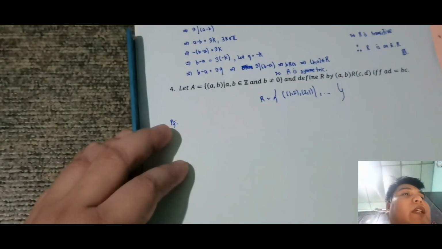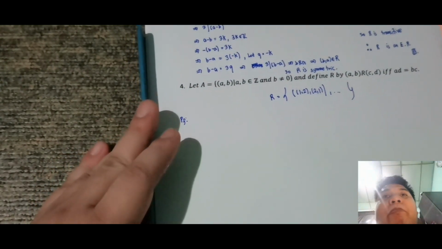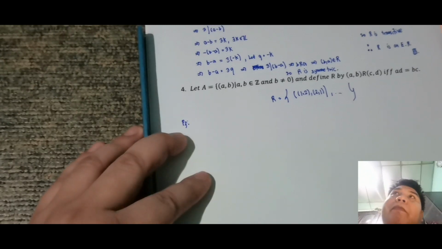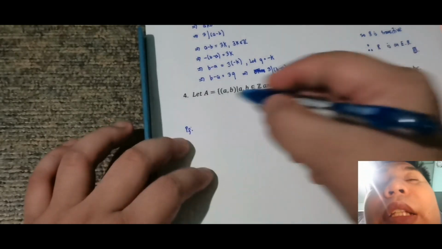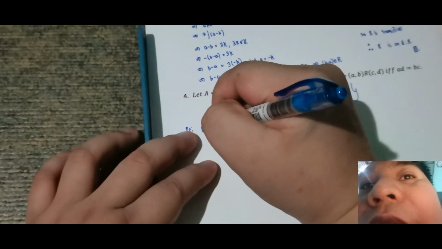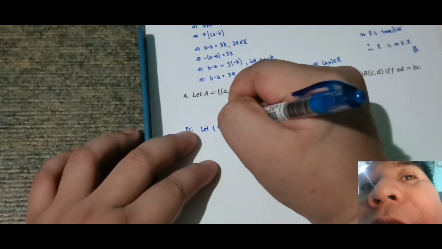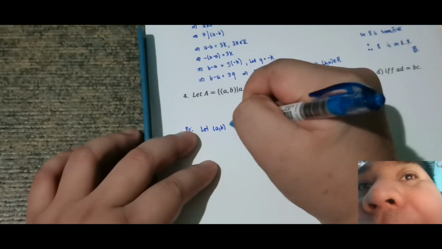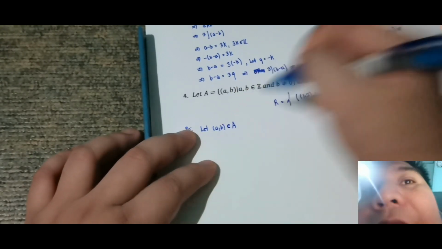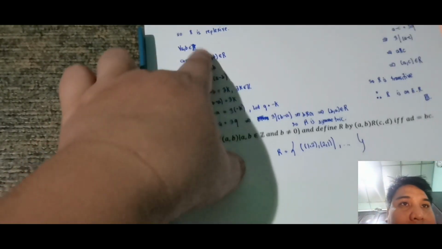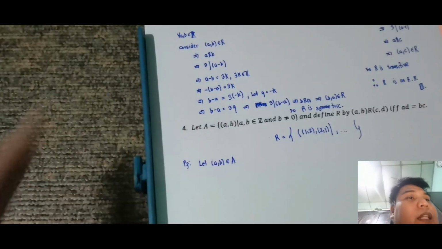So dito ang laman ng A is ordered pair. Okay, so hindi ako pwede mag-let dito. So ang ile-let ko dito, for all (a, b) element ng A. Ang laman kasi ng A is ordered pair.